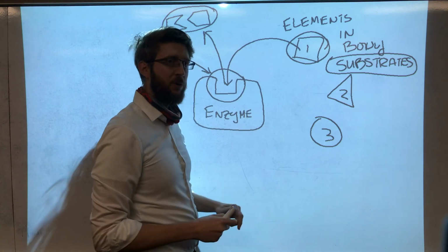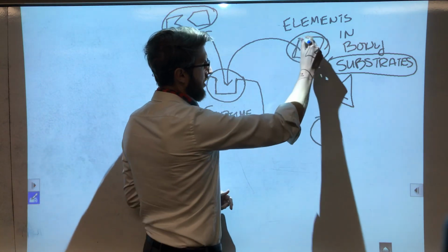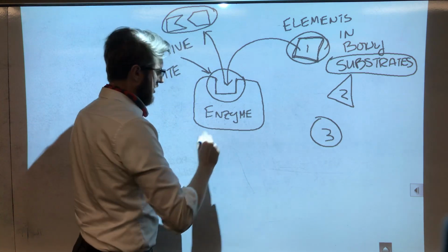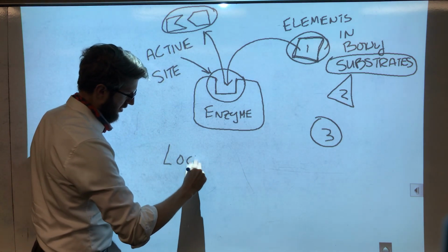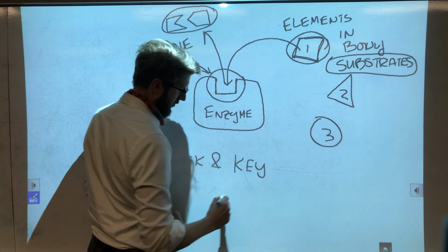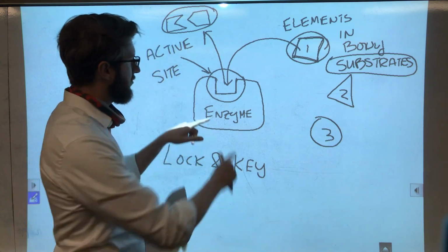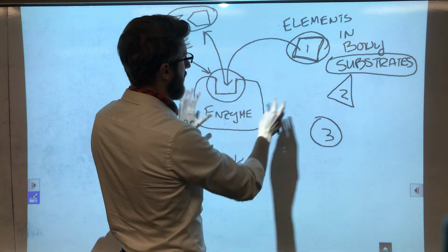By the way, this model that we're using, where the active site has a shape and the substrate has a shape, this is what we call the lock and key model. Okay? So the lock and key model is what we say when we're referring to how this works.